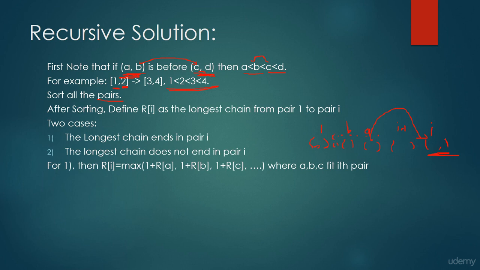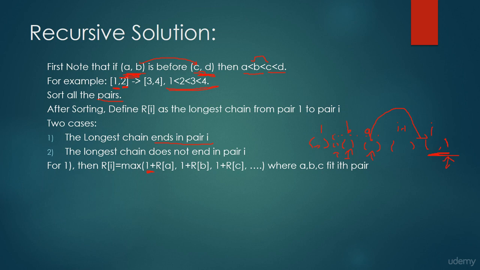So in the middle, there's a lot of elements which would fit i. So we say Ri, the longest chain from pair 1 to pair i, if it ends in pair i, is going to be 1, which is this element, plus the longest chain from pair 1 to pair A, or from pair 1 to pair B, or from pair 1 to pair C, and so on.